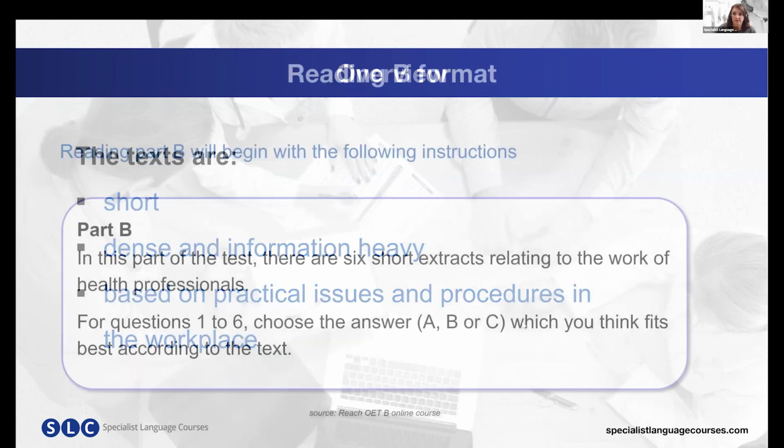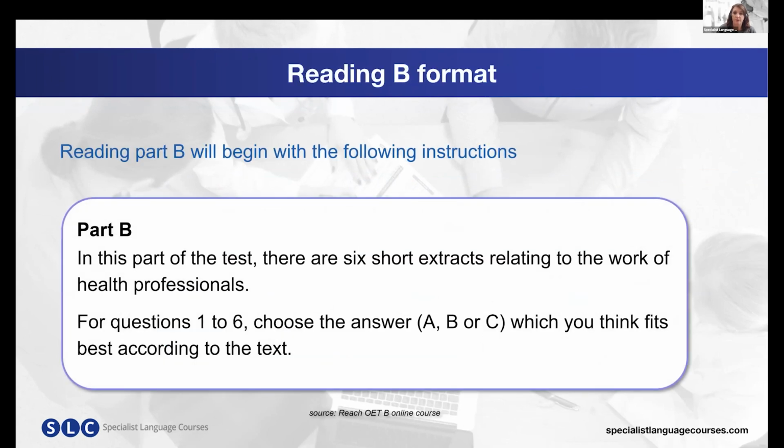When you go into the exam, Part B will begin with the following instructions. So it's always good to be familiar with the format of the exam so that you know what to expect. And if we read this a little bit more carefully, notice there are 6 short texts or extracts.